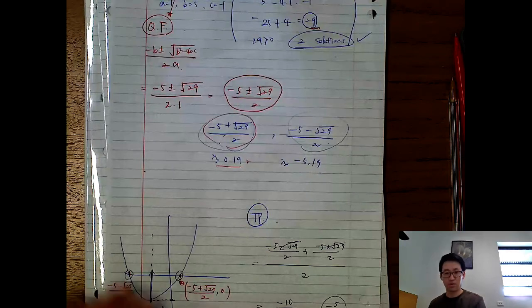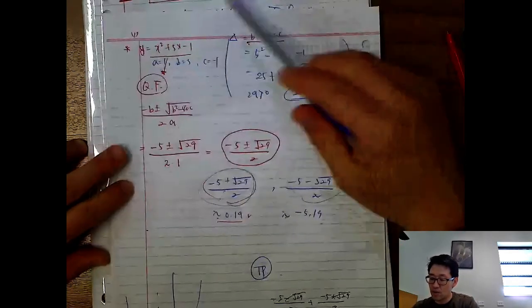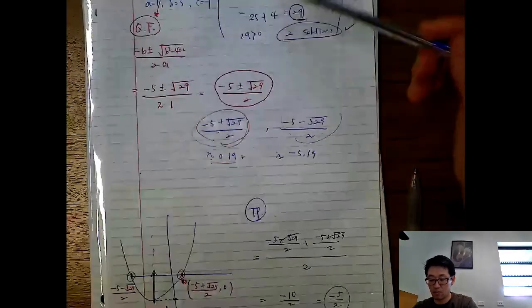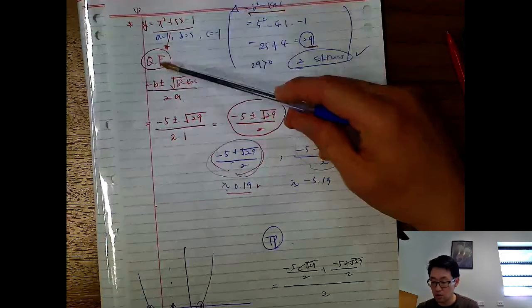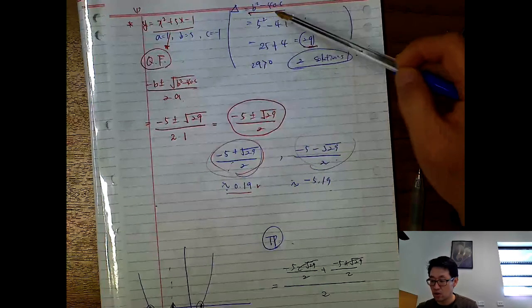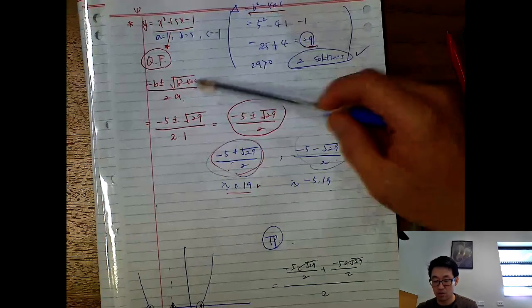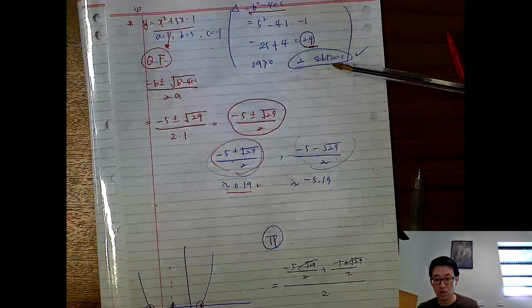Okay, so I will summarize that quickly. Since they specify you have to use the quadratic formula, probably the best way to do it in this case, because I'm not able to factorize it, is to use the quadratic formula. If you want to know how many solutions there are, check the discriminant, because you're going to use it anyway. You can check that it's bigger than 0, so you know there are 2 solutions.